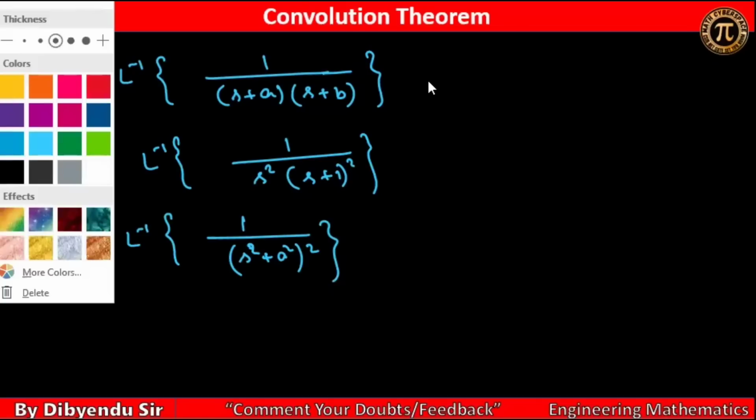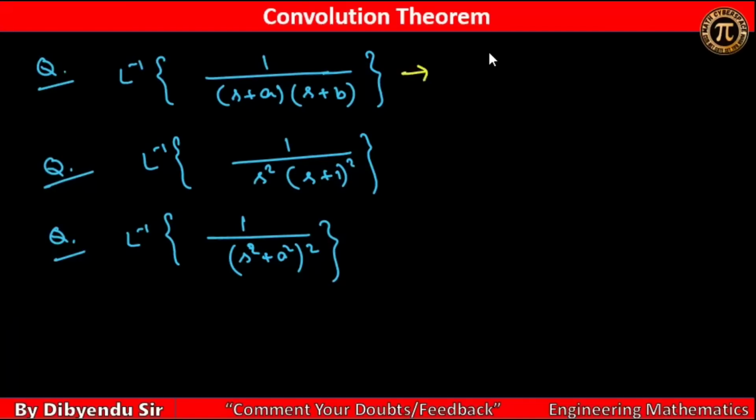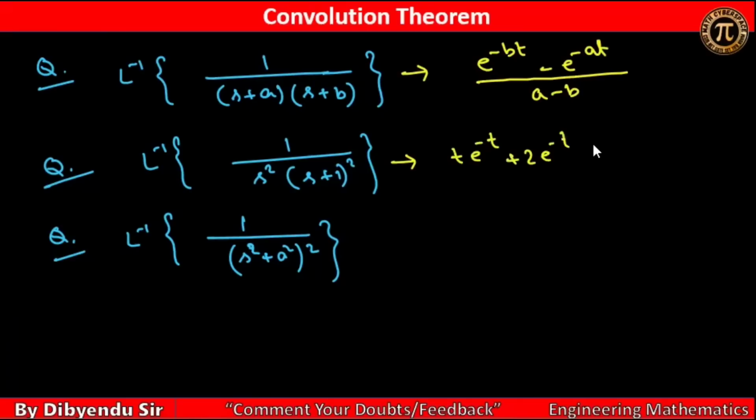In the first question, the answer will be (e to the power minus bt minus e to the power minus at) divided by (a minus b). And in the second question, the answer will be t e to the power minus t plus 2 e to the power minus t plus t minus 2.